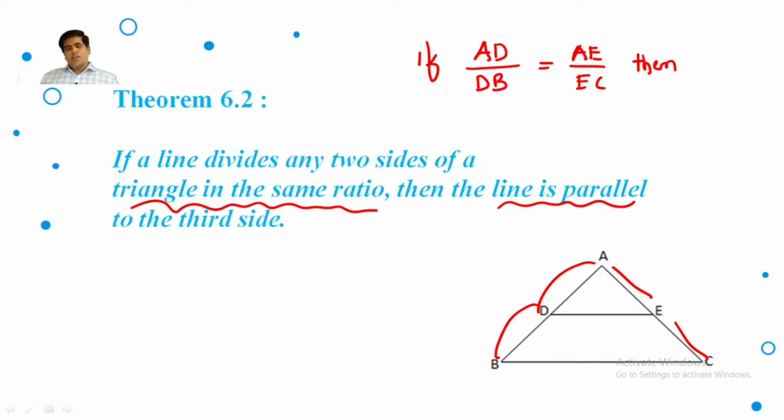Which line is parallel to the third side here? So DE is parallel to BC.